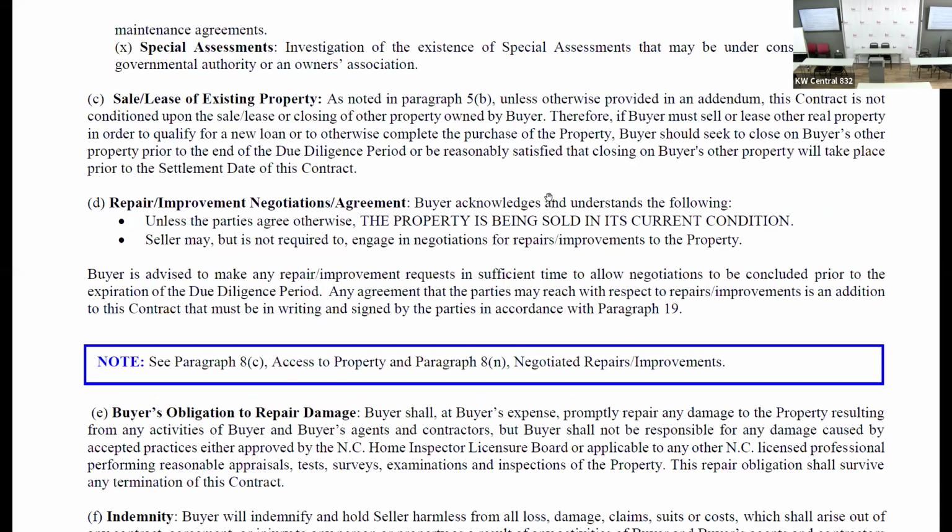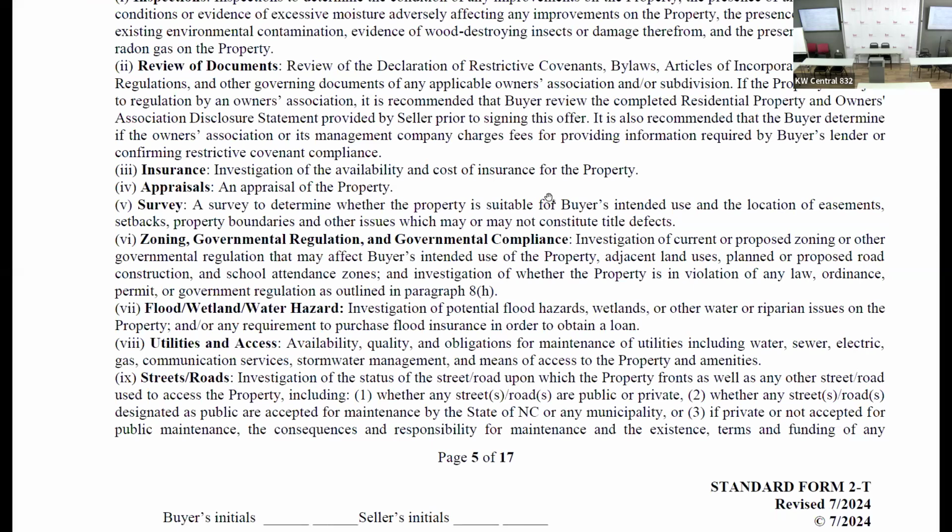But again, Pete, I don't disagree. Flood. Again, FEMA.gov is where you go to determine, is it in a floodplain?